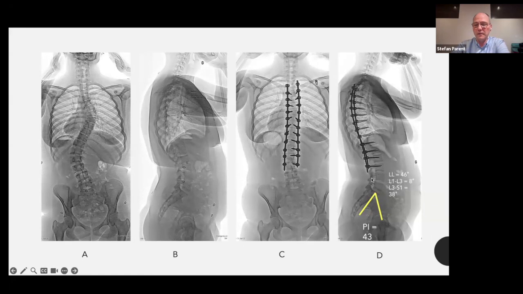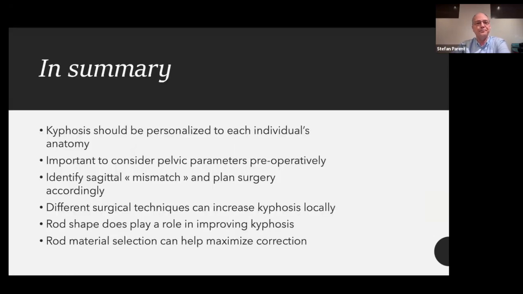So again, focusing on the sagittal plane and trying to restore this patient's more normal or more adequate anatomy to their pelvic incidence. So in summary, kyphosis should be personalized to each individual anatomy.